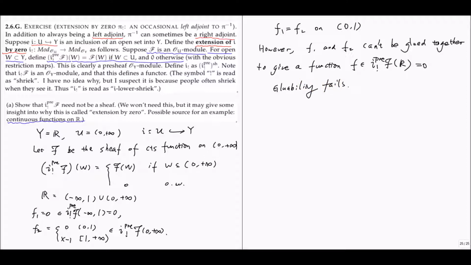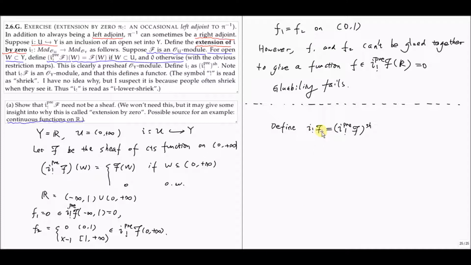On this i shriek pre F, we will apply the sheafification to make it a sheaf. We define i shriek F to be the sheafification of i shriek pre F. This can also be written as sheafification composed with i shriek pre applied to F. Here's an issue.